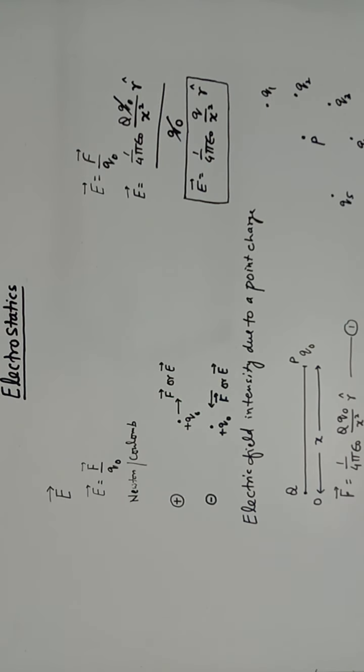Many charges, 6, 7, 8, 9 or whatever, we can place, and we have to find the value of the field at the point P due to all the charges. Since it is a vector quantity, the value of the electric field E is equal to E1 plus E2 plus E3 plus E4 plus E5 and so on.